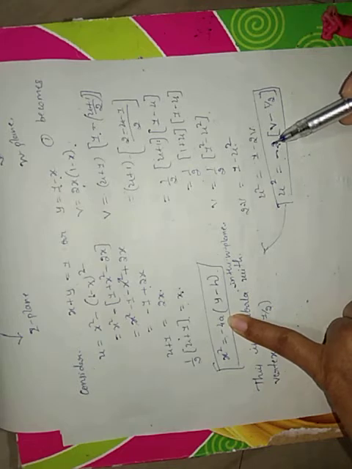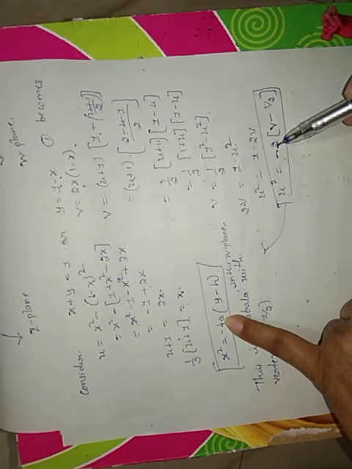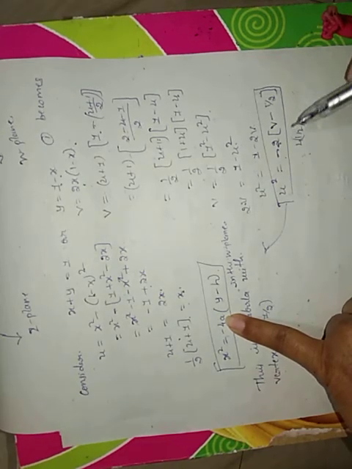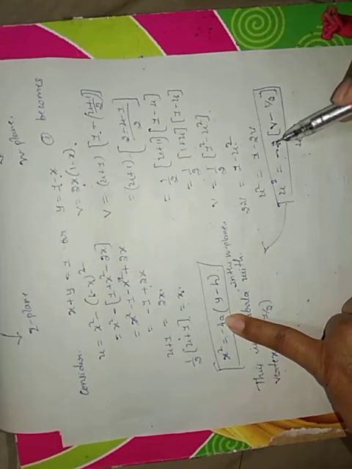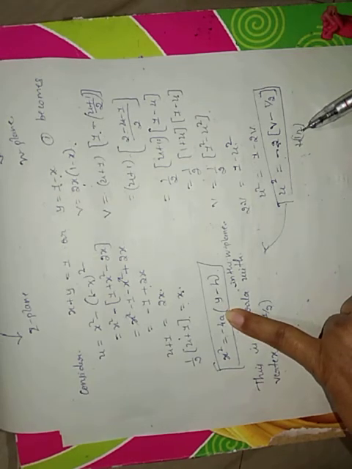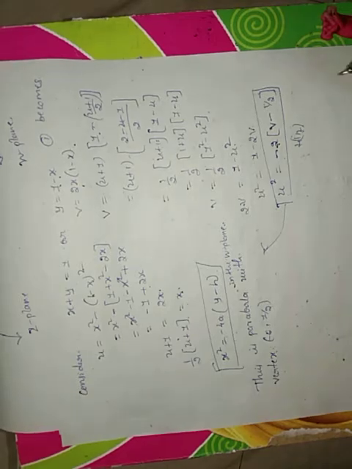You have to convert the 2 in terms of 4, like 4 into 1 by 2. 4 into 1 by 2 is nothing but 2. So 4 into a is equal to 1 by 2, like that. So 0, 1 by 2.